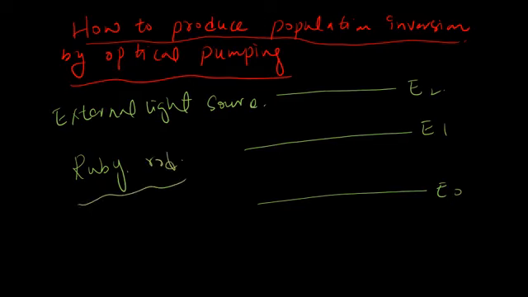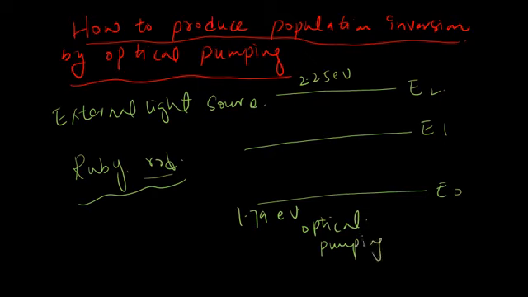In the ruby laser, the ground state has an energy of 1.79 electron volt and the excited state energy is 2.25 electron volt. When we fall a light by an external light source, optical pumping, it will raise the electron to the excited state.